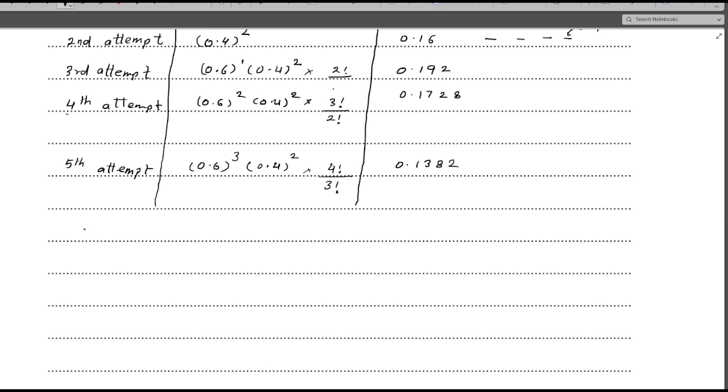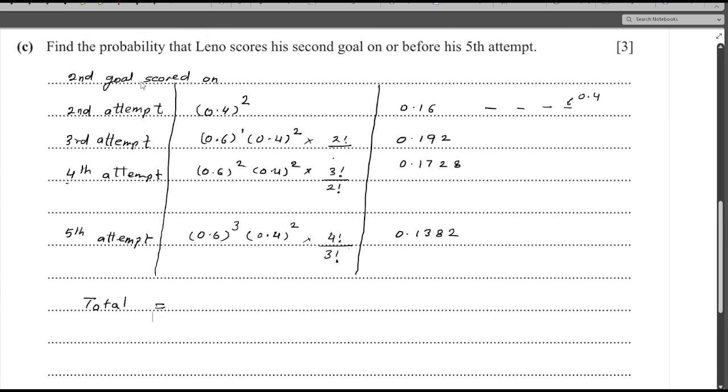Okay, so total, if I see, I have 0.16 plus 0.192 plus 0.1728 plus 0.1382. So the total is 0.663.